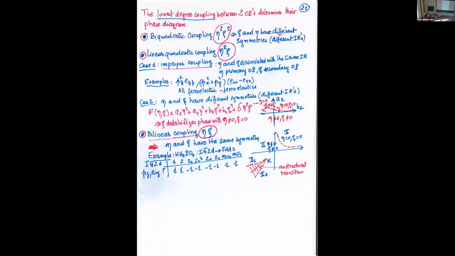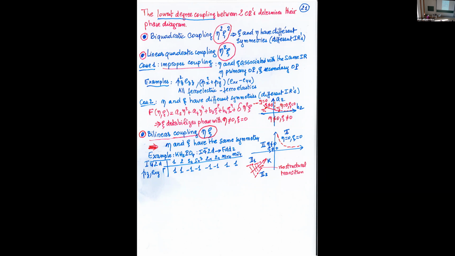The last type of coupling which is of interest is the bilinear coupling, eta psi. This happens when eta and psi have the same symmetry. For example, there is a textbook example, a material having a second order transition, KDP, potassium dihydrogen phosphate, and so on. Here, PZ has exactly the same symmetry as EXY.